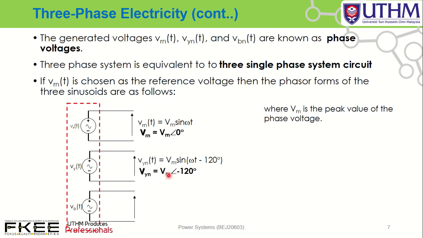In polar form, VYN equals Vm angle minus 120 degrees, so the angle difference between VRN and VYN is 120 degrees. Similarly, the third phase VBN equals Vm angle minus 240 degrees, or in other words, VBN equals Vm angle positive 120 degrees. The same.